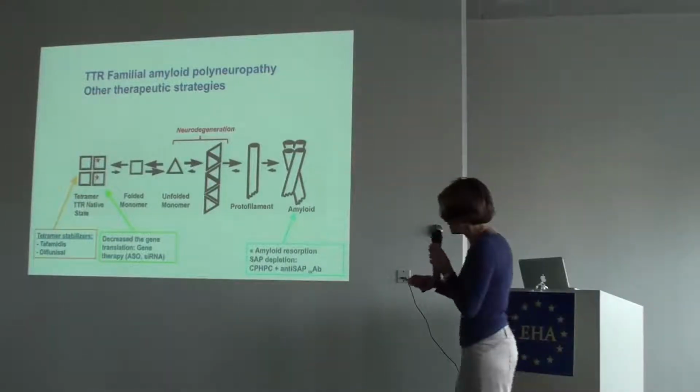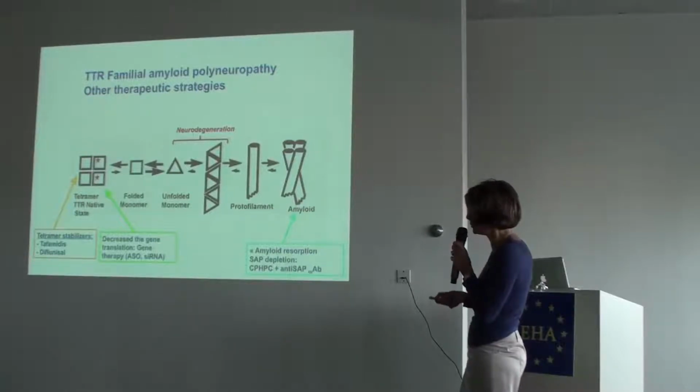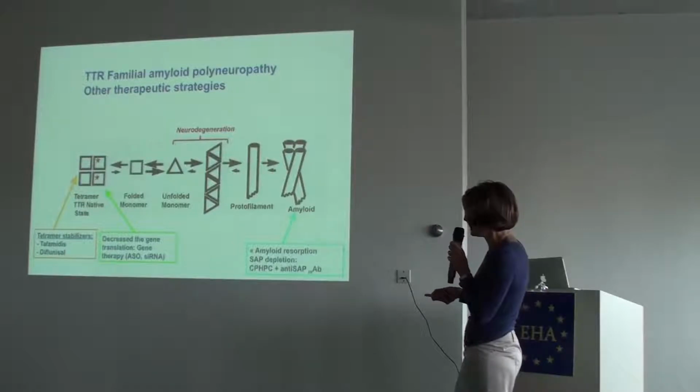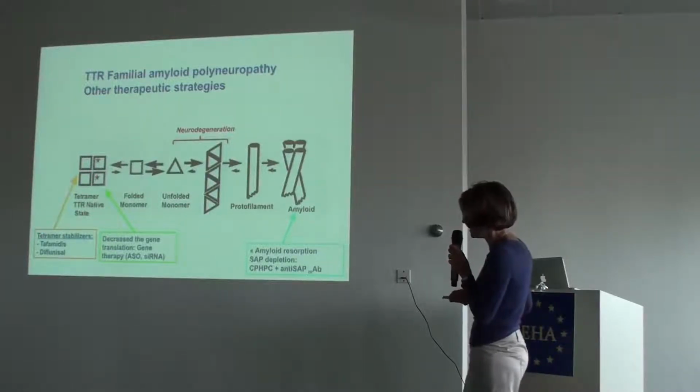We have now some other promising therapeutic approaches I just summarized for you. The first is the tetramer stabilizer. We have two molecules currently available. Tafamidis was developed and marketed by Pfizer in 2011. This drug is well tolerated and able to slow down the neuropathic process, mainly in the Portuguese population.